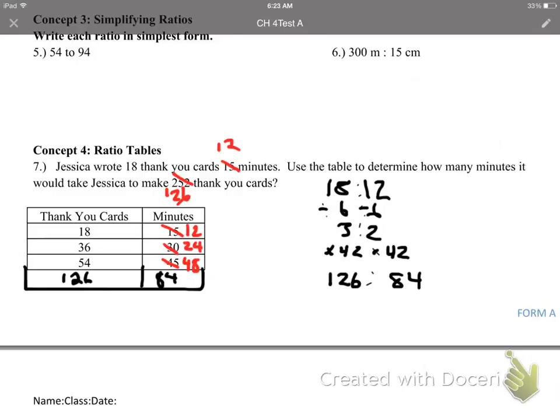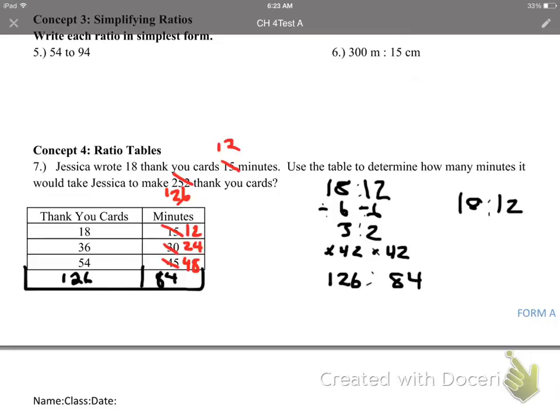Now, if you wanted, you very well could have went from the 18 to the 12. And I wouldn't have been able to go 54 times anything to give me 126.